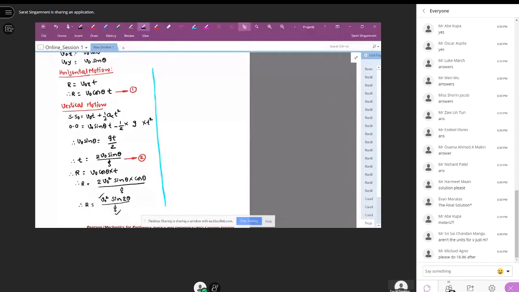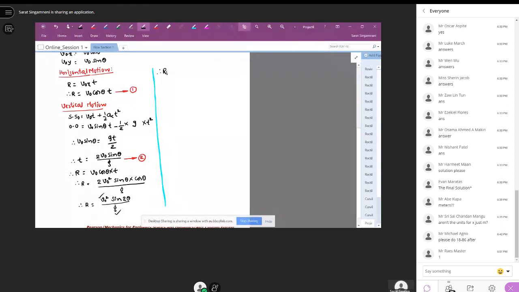Or in other words, 2 theta is the only thing that you can change. Do you know what is the maximum value for sine theta for any given value of theta? Sine theta values vary from 0 to 1. So when sine 2 theta is equal to 1, you will get r as maximum.